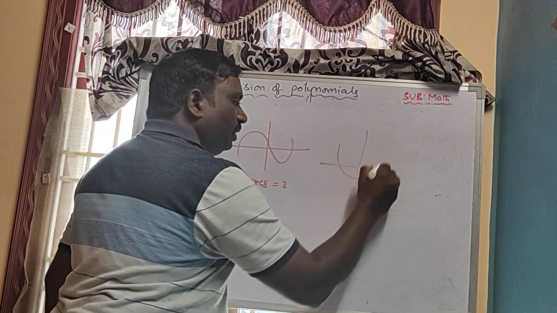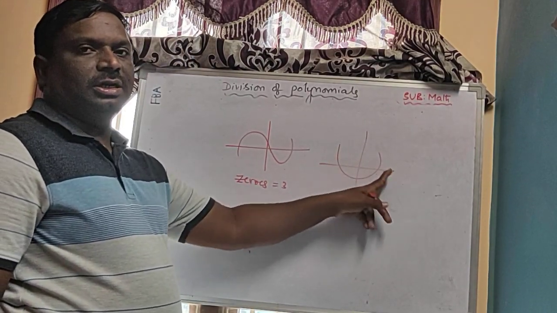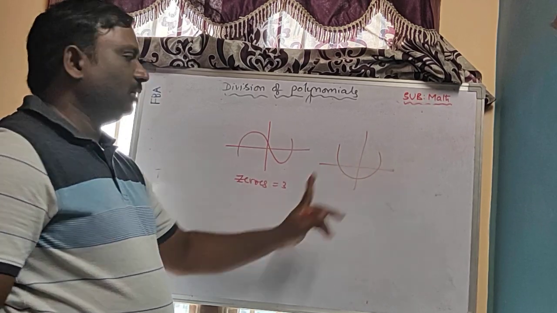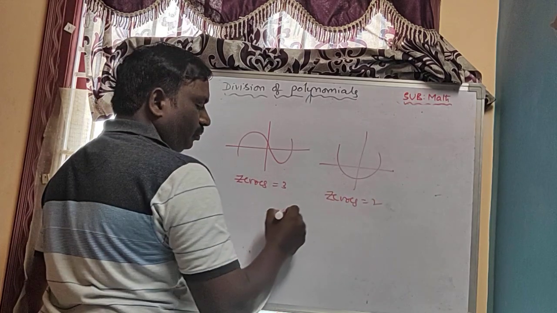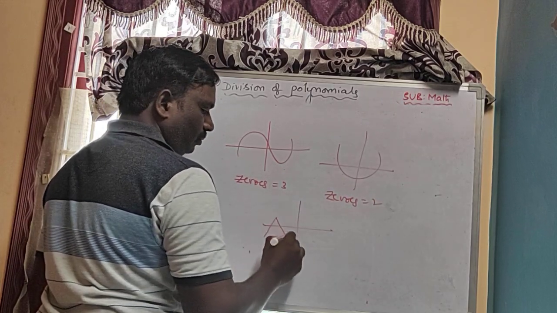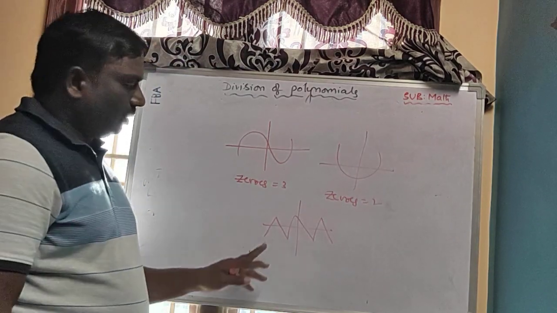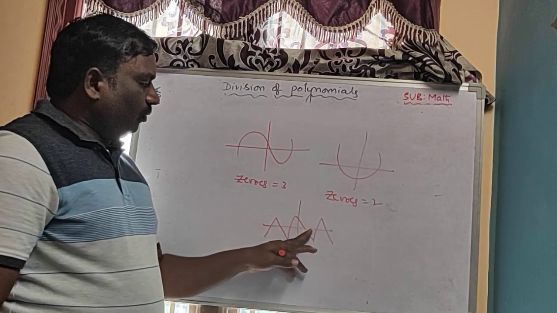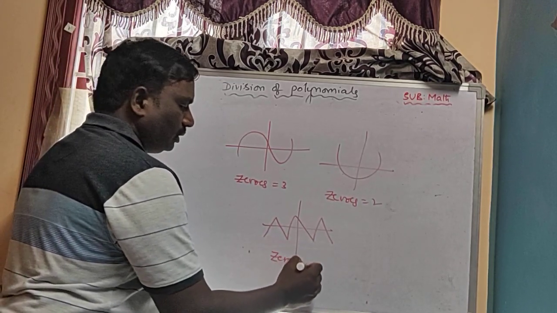Suppose the graph is like this, 2 zeros. Graph touches, means intersects the x-axis at two different points. So that's why zeros equal to 2. How many zeros for this polynomial? 1, 2, 3, 4, 5, 6. So zeros equal to 6.